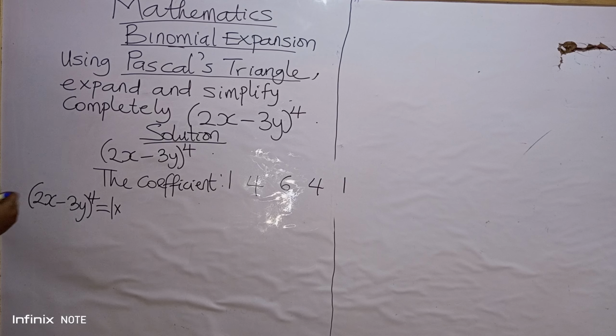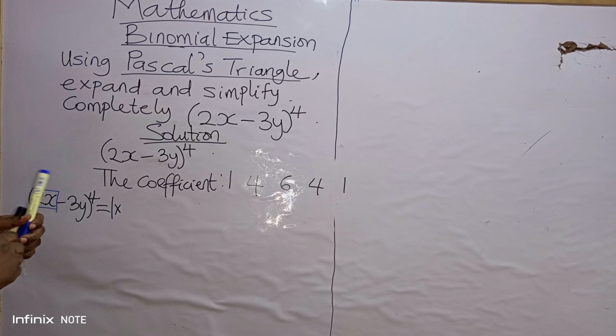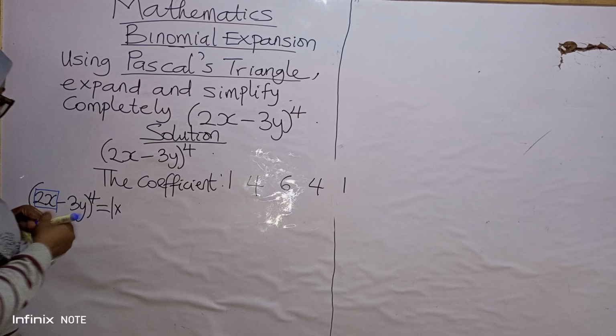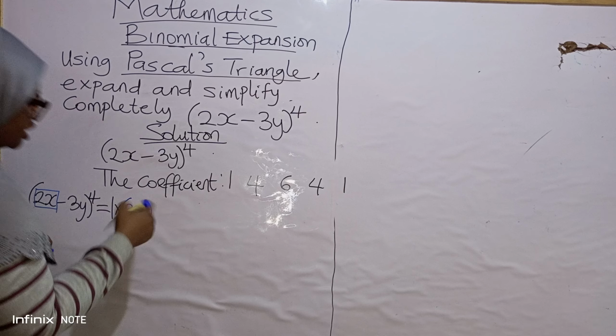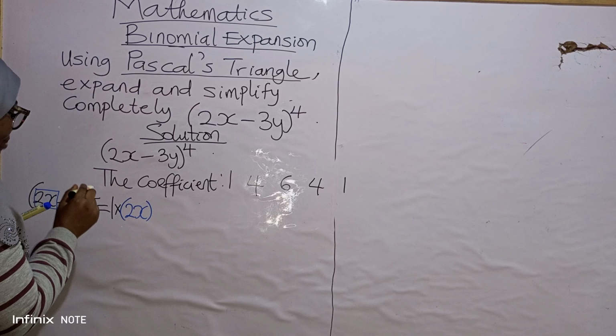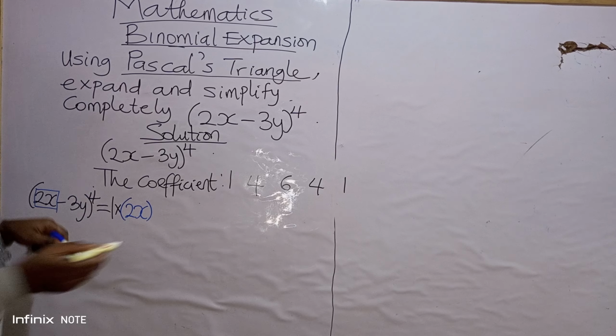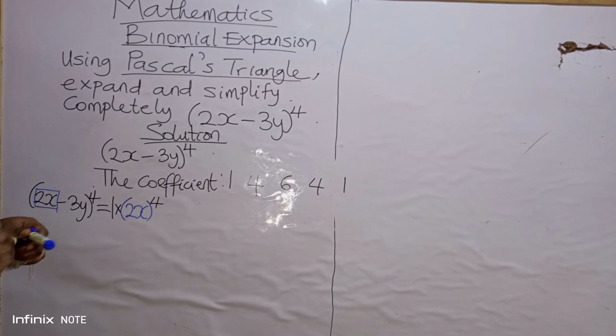The first term is what? 2x. Don't make the mistake. The first term is 2x. So you write that 2x inside the brackets. Now, this power, this 4. So the first term is going to it.